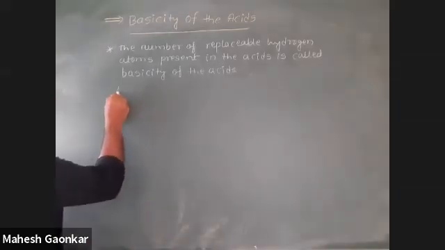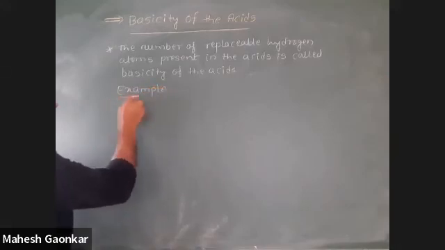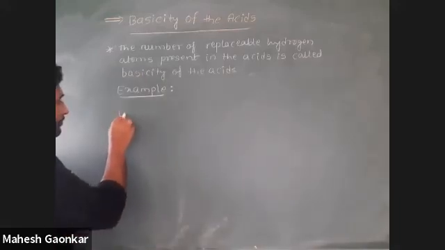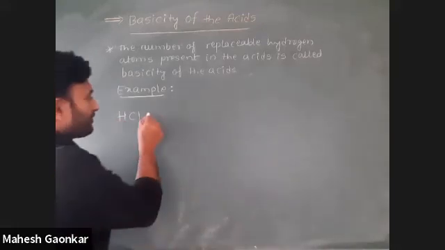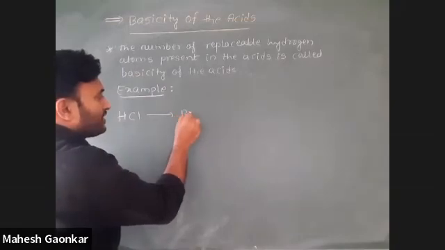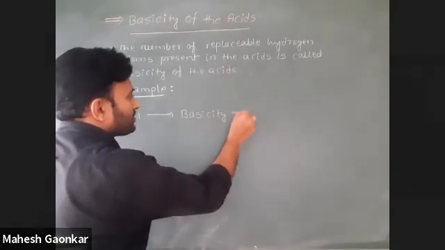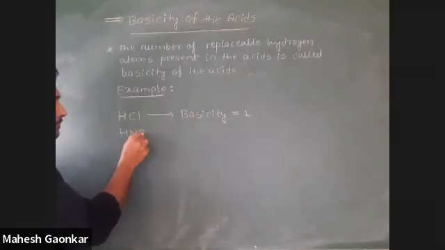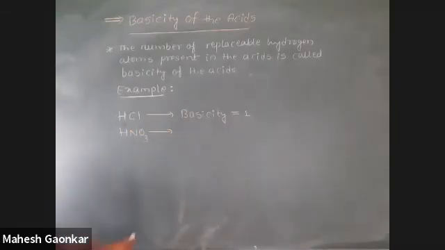Let me take HCl as an example. Now HCl has got only one replaceable hydrogen atom, right? Therefore, its basicity equals 1. HNO3 also has one replaceable hydrogen atom.